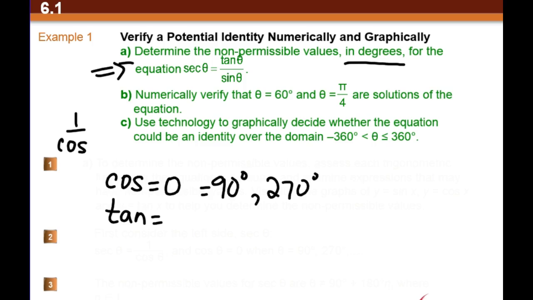We just finished in chapter 5 drawing tan graphs, and where were they undefined with the dotted line? Pi over 2, which is 90, right? So they're undefined at 90 degrees, and it's also 270 if we kept going.